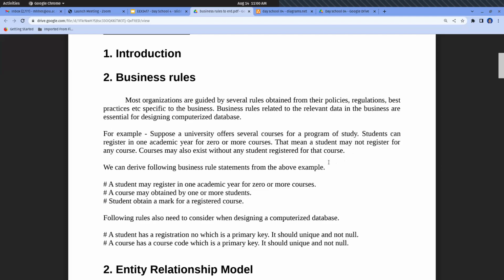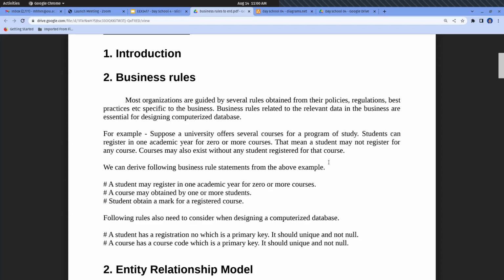First is requirement analysis. In requirement analysis, first we have to write what the business is in simple English. That is the first step to implement a software system.